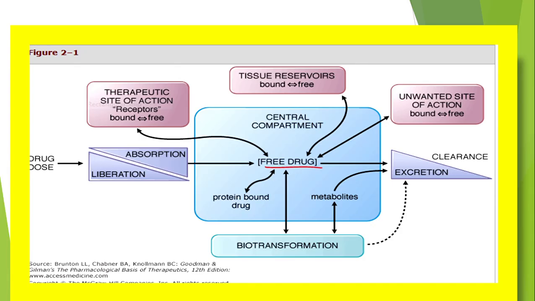There will be equilibrium between bound and free form in case of unwanted site of action, and in the tissue reservoirs the bound form is in equilibrium with free form, and at the therapeutic site of action receptors the bound form is in equilibrium with free form.